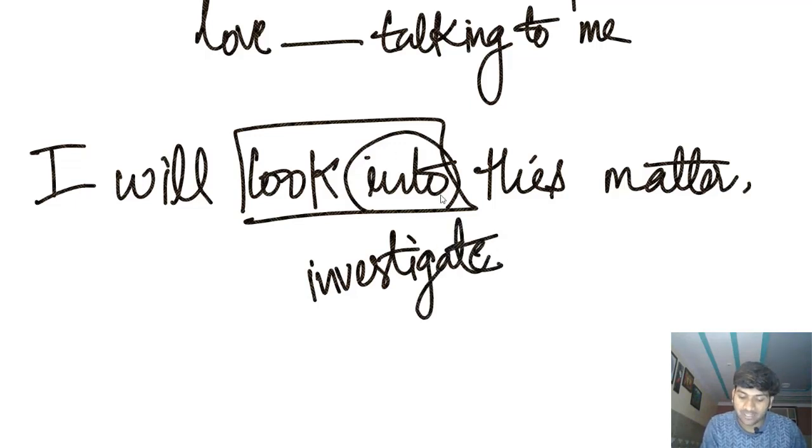Now if you take this word into out of the sentence, first of all it will be ungrammatical. It will not have the same meaning. I will look this matter, it's not grammatical. You cannot look something, you have to look at something, look into something, look after something, right? So here into is a complement to the verb look. So into is working as a verb complement, right?